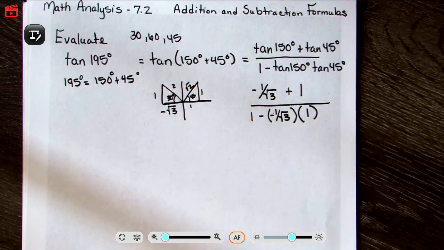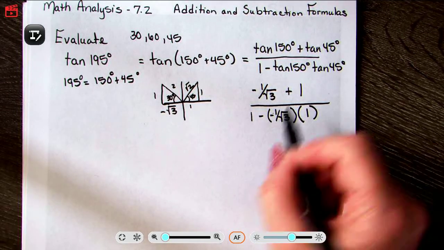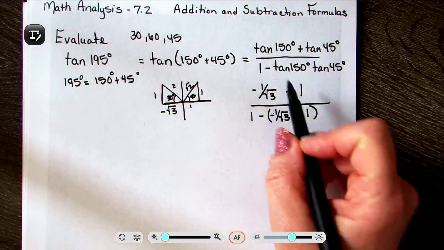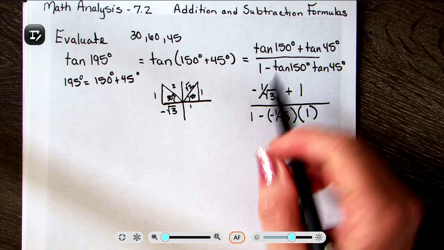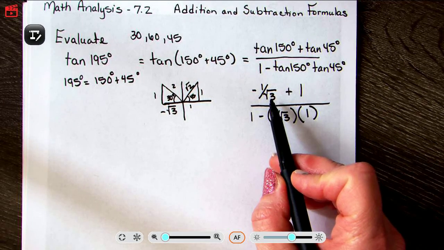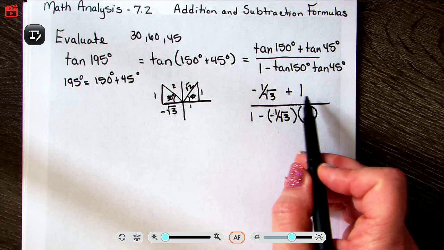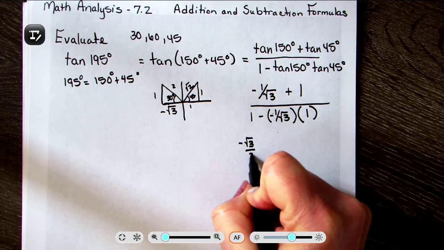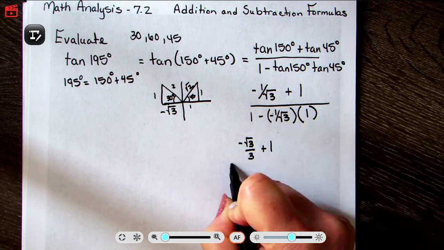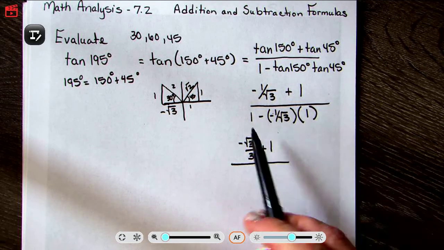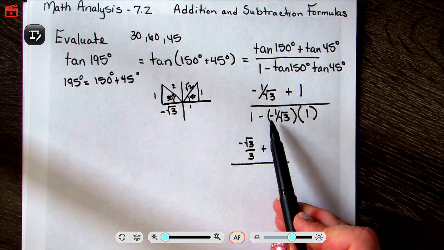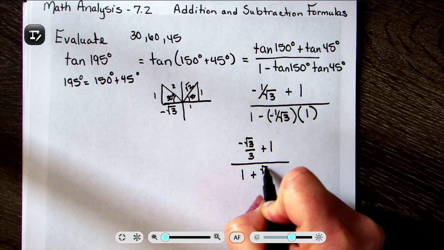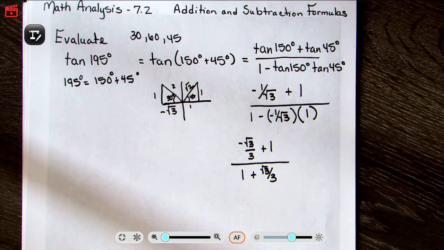Now I'm going to clean this up a little bit because I have a complex fraction. I'm going to combine these. I might actually rationalize so I don't have to deal with square roots and all that sort of thing. So this is going to be negative square root of 3 over 3, plus 1. And here I'm going to do some multiplication. A negative times a negative is a positive, so here I'm going to have 1 plus square root of 3 over 3.